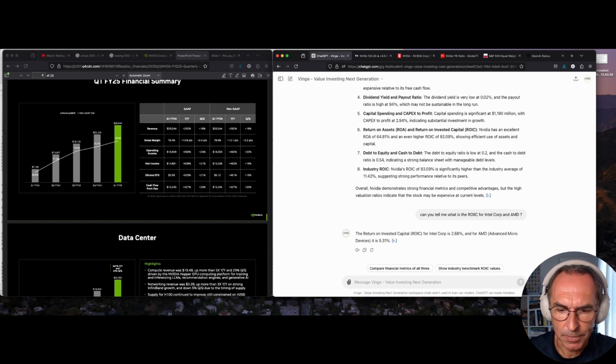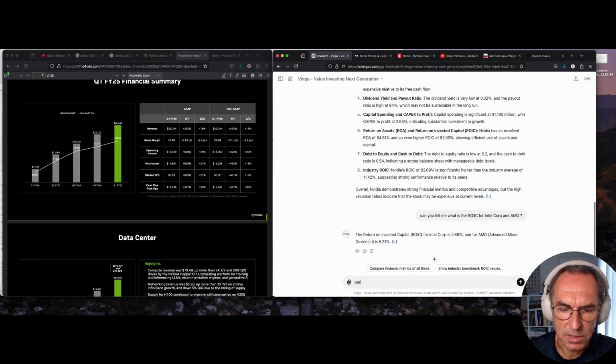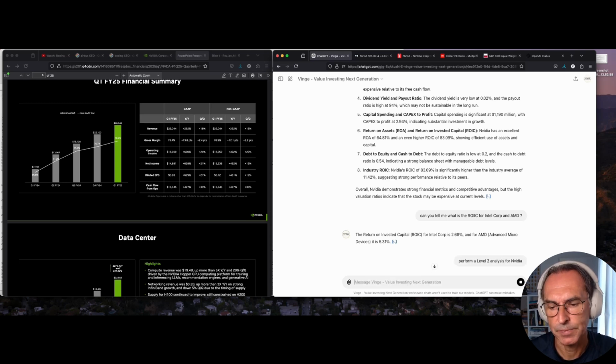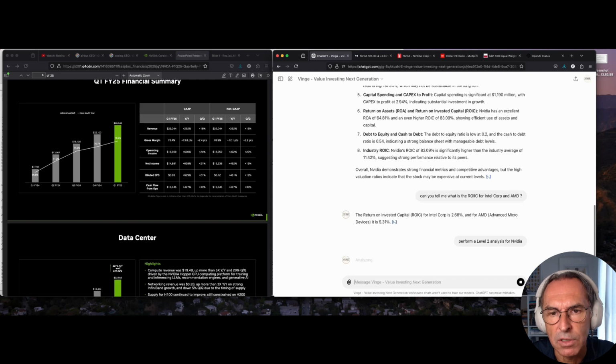So I'm going to ask now to perform a level 2 analysis, which is basically to calculate the intrinsic value of one share based on various methods for Nvidia. And what you already see in the prompts, for those who did the training, or who know how to calculate intrinsic value based on free cash flow to the firm or discounted future earnings, is that I'm not providing any cost of capital or growth rate assumptions.